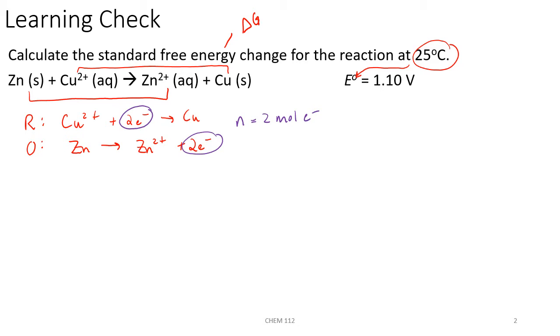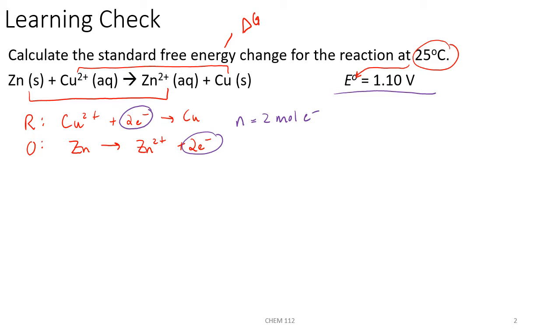Now that isn't always the case, and sometimes you have to actually balance the half reactions to find out how many moles of electrons are transferred. You might remember doing that when you learned about balancing redox reactions in Gen Chem 1. But since they both were 2, that means 2 electrons were transferred in this case. So n is equal to 2. And sometimes you might actually even have to calculate the E cell, just as we were doing in example problems in the previous lecture.